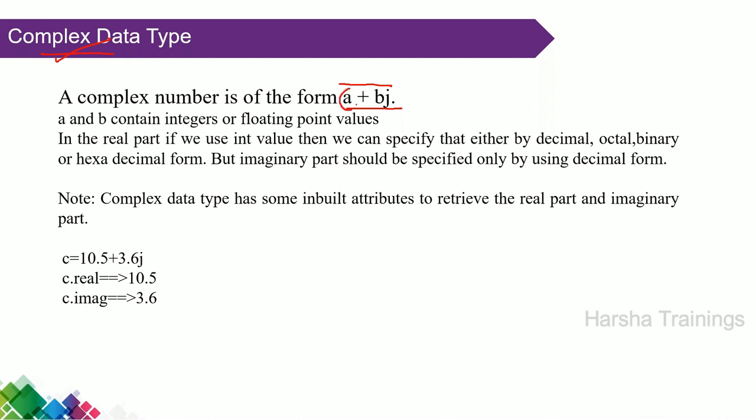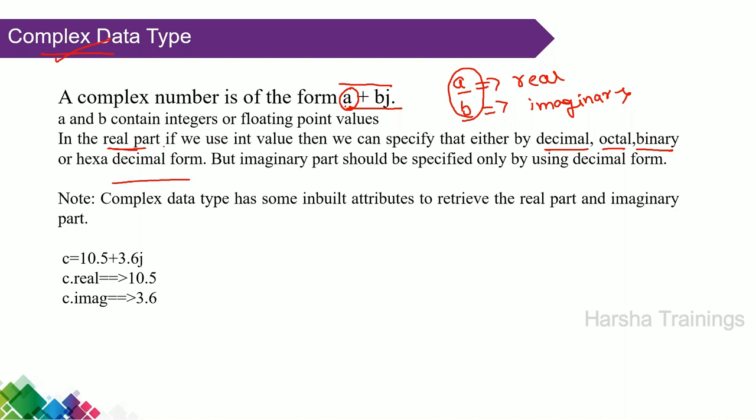Remember, in this, a is called the real part and b is called the imaginary part. Here a and b are either integer values or floating values. There is no restriction. In the real part, we can use a decimal number, octal number, binary number, or hexadecimal number.